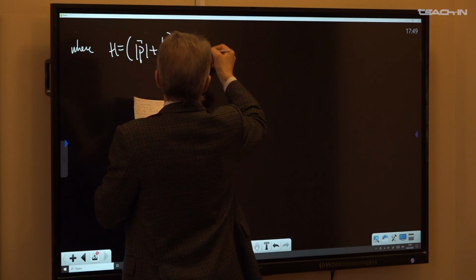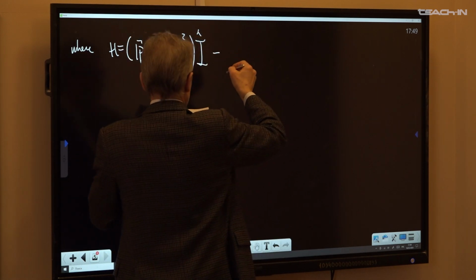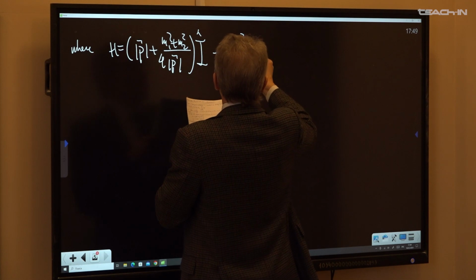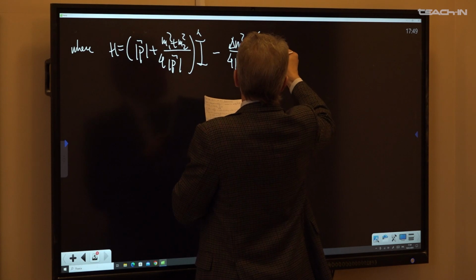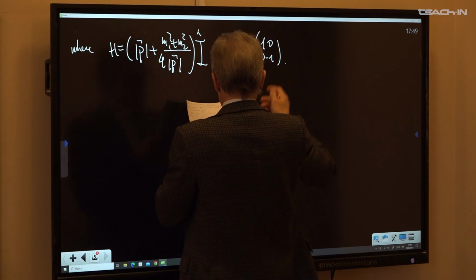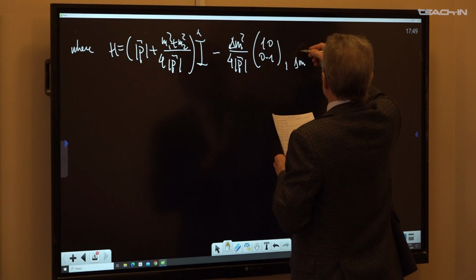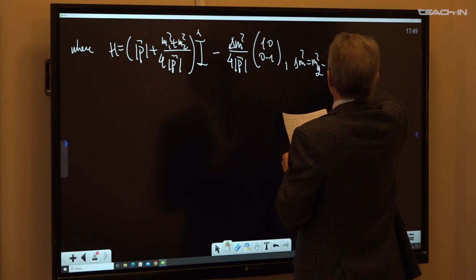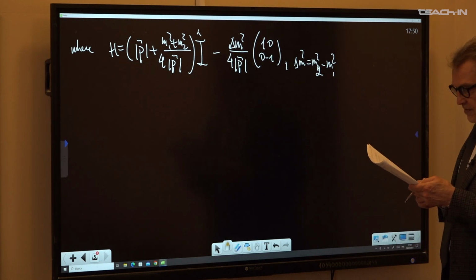This is the unit matrix, it's not important when you calculate the probability of oscillations. Then the mass square difference, delta m squared, divided by 4 energies, or momentum, times the matrix 1, 0, 0, minus 1. This is the mass square difference, a very important quantity: the mass of the second neutrino squared minus the mass of the first neutrino squared.